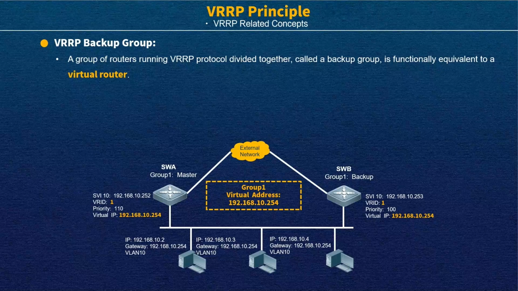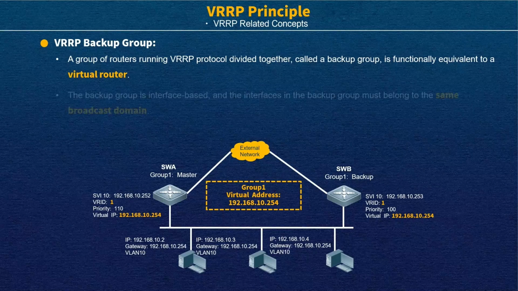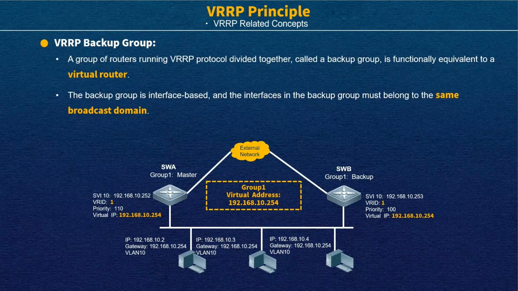Each virtual router will have an ID to distinguish it from other VIP backup groups. The backup group is interface based, and the interfaces in the backup group must belong to the same broadcast domain, so pay attention to this one.